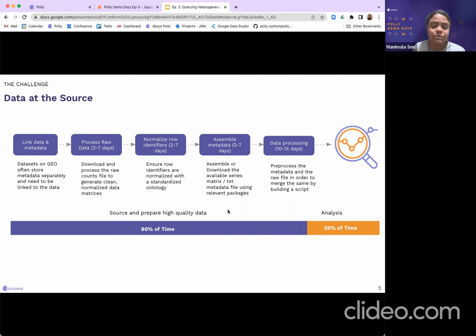All these downstream analyses generate the insight that you're looking for only if you are using very clean data that is harmonized. And hence people spend a lot of time trying to do that. And at Elucidata, we understand this pain point very well, and hence it's our goal to fulfill this unmet need for the industry. Yeah.